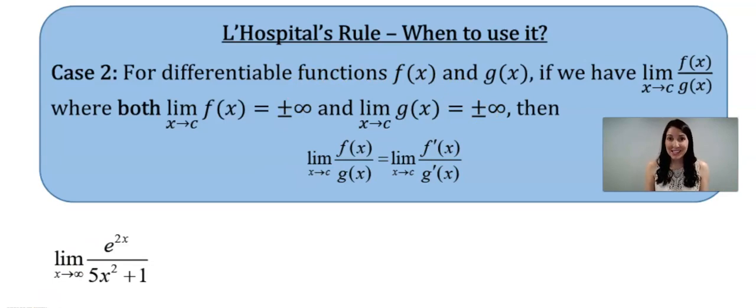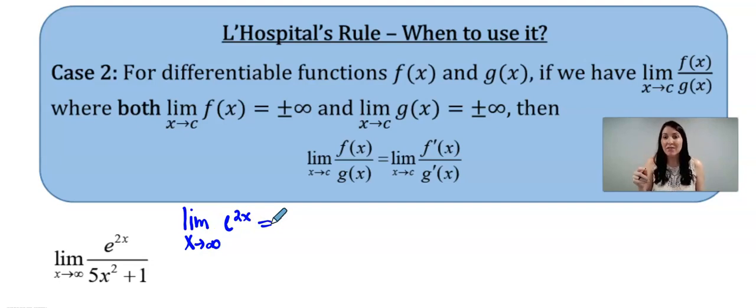So let's make sure those conditions are met. The limit as x approaches infinity of e to the 2x would equal, by thinking about plugging in infinity, e to the power of 2 times infinity, which is an enormous number. E to the infinity is infinity.